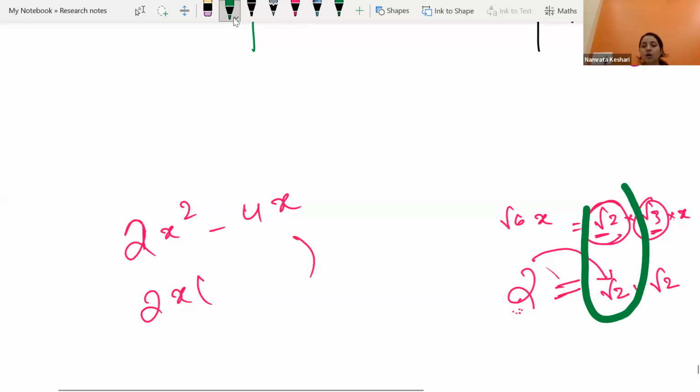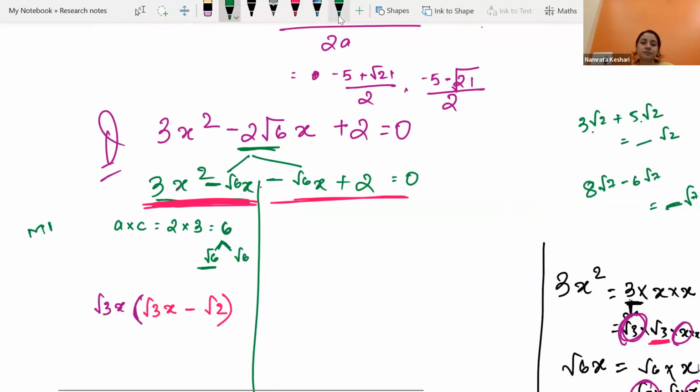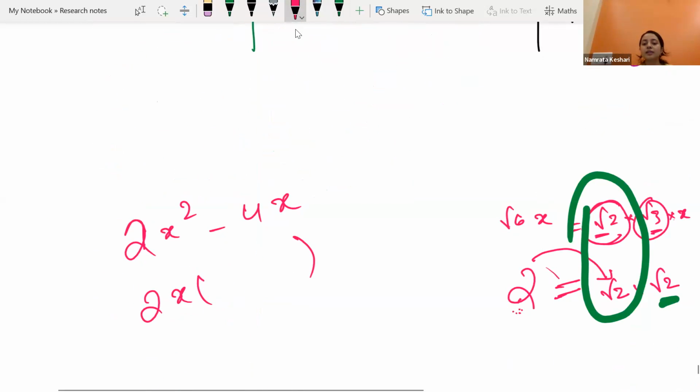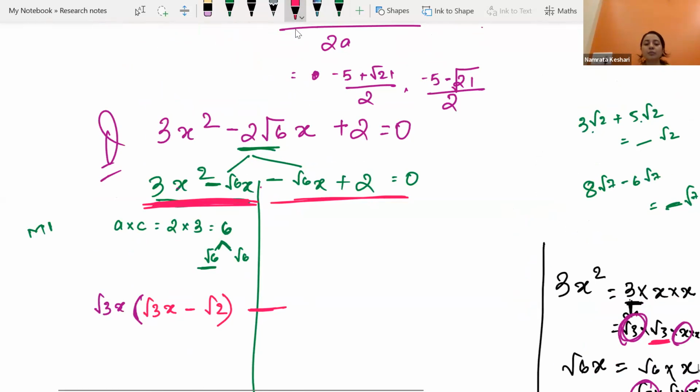Now, what is the common factor? This root 2 is the common factor. And what is the remaining? From the first term, root 3x is the remaining, and from the second term, only root 2 is remaining. Are you getting it? Yes. Okay. So from here, we are taking minus common. Minus and root 2 common.